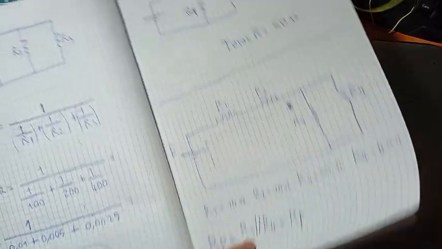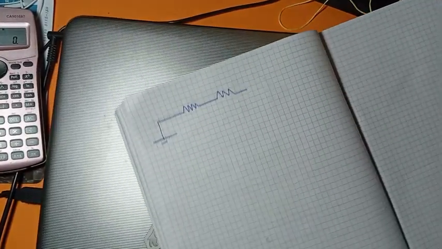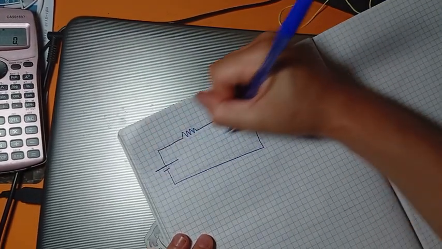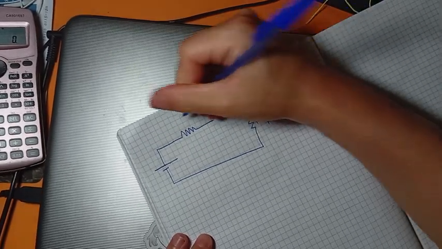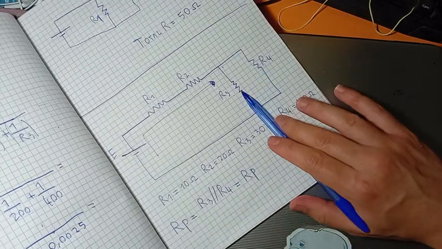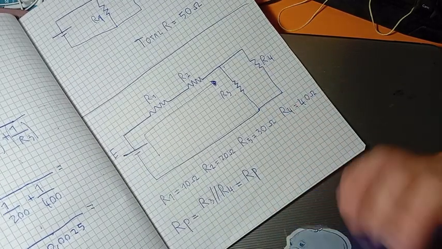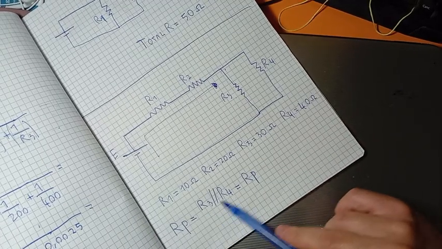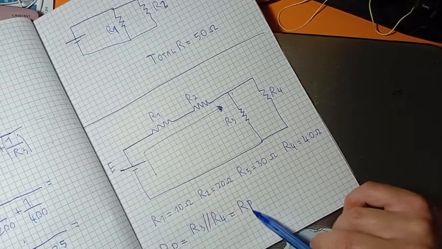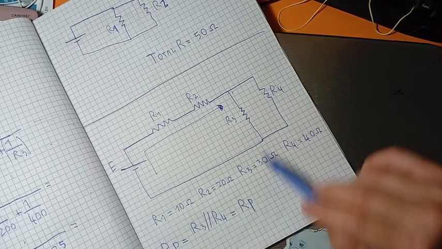I already calculated. Now here we have our RP. We calculated it in this way. It is just the parallel between R3 and R4. You can use this symbol to symbolize the parallel, okay? We calculated the parallel between these two resistors, and the parallel is called RP.